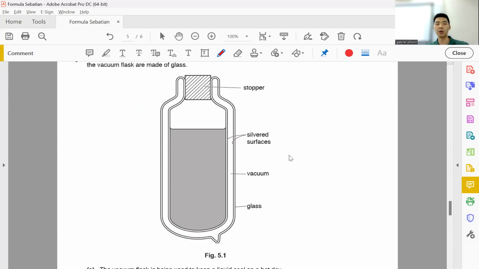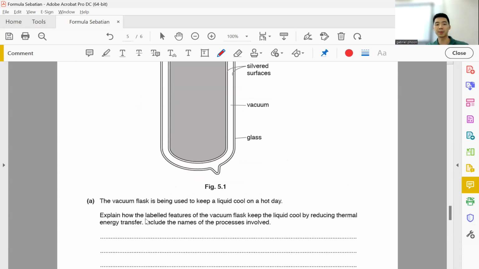Okay, so from here, if I look at this question, what do they want? Explain how the label feature of the vacuum flask keeps the liquid hot by reducing thermal energy transfer. There's only 3 forms of thermal energy transfer, right? Maybe 4. The first one is known as radiation, convection, evaporation, and then the last one, conduction.